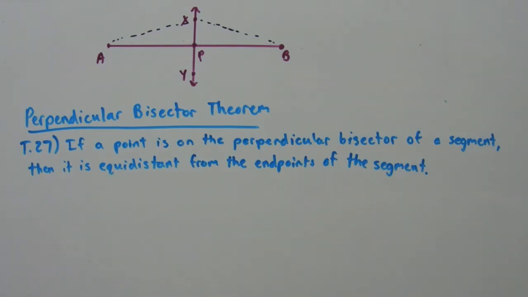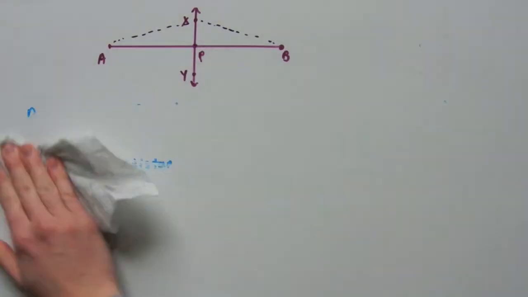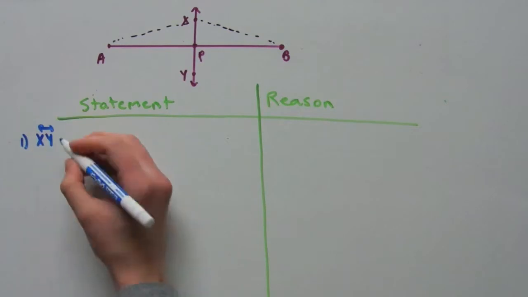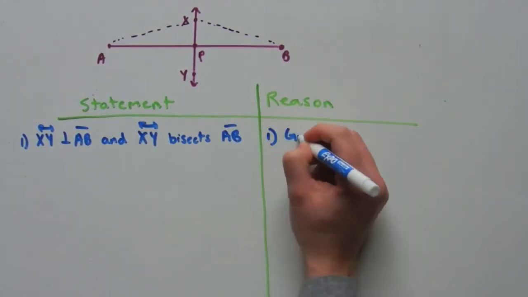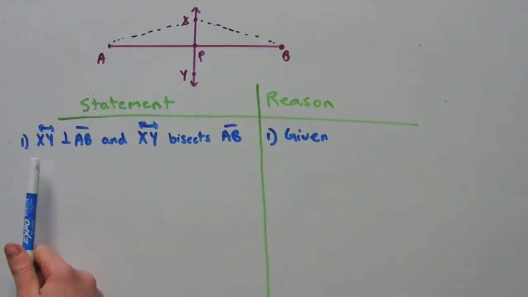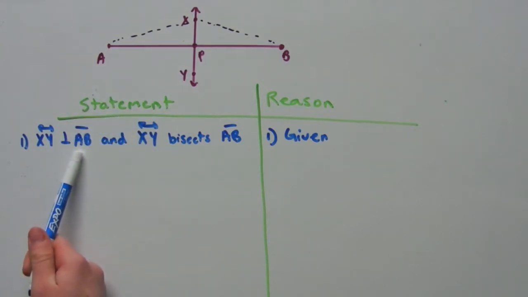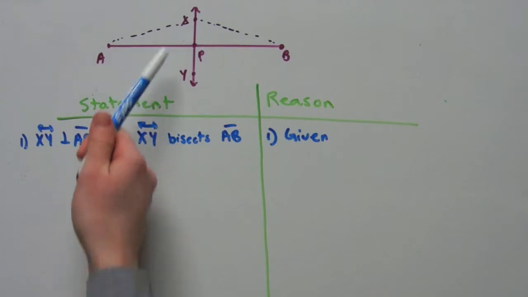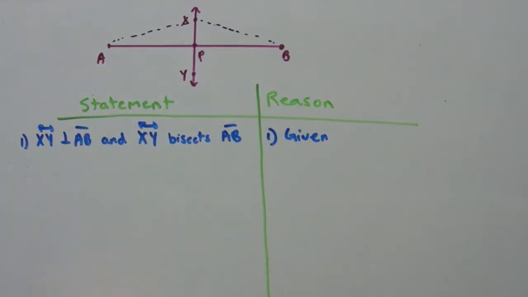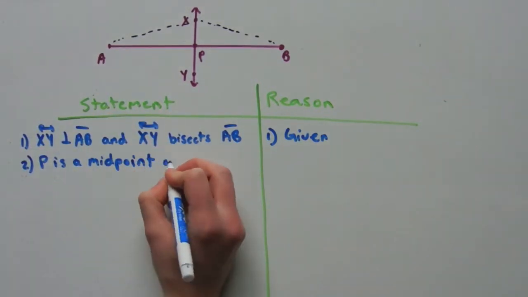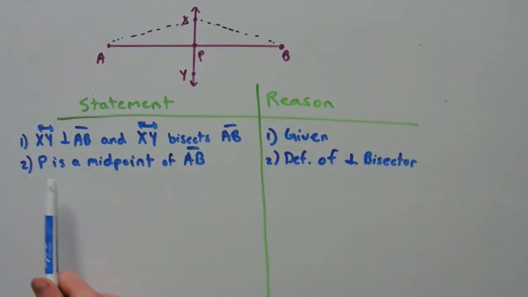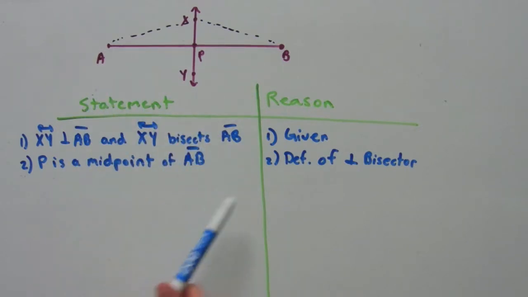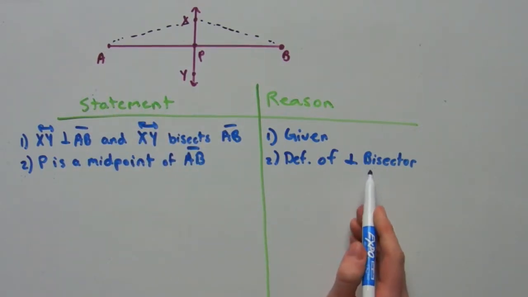So let's go ahead and do a two-column proof. First of all, from the theorem, we're given that XY is perpendicular to AB, and XY, the line, bisects the segment AB. And we have that point P is the midpoint of AB by the definition of the perpendicular bisector.